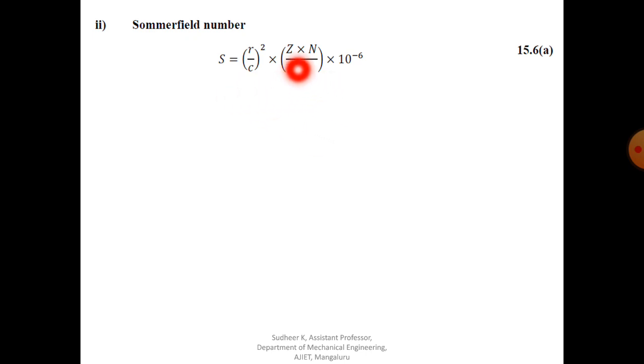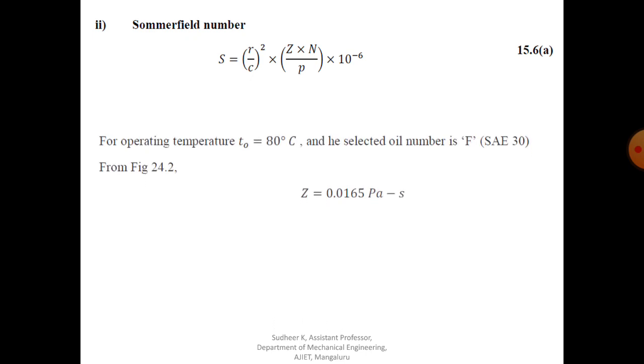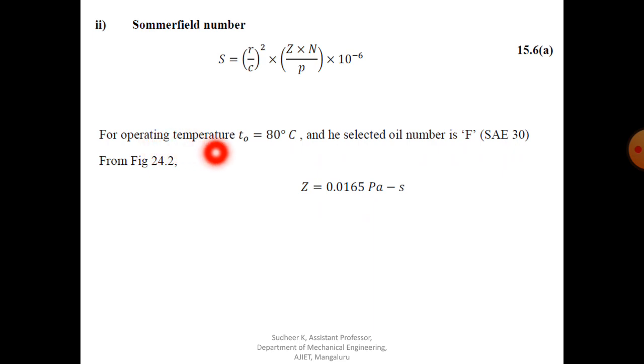But the Z value is not given in the problem, so you have to find it out based on the operating temperature always. The operating temperature is given, T_O equal to 80 degrees Celsius, and the selected oil number is F. That is from one of the important tables in your data book, table 15.1 from page number 363.